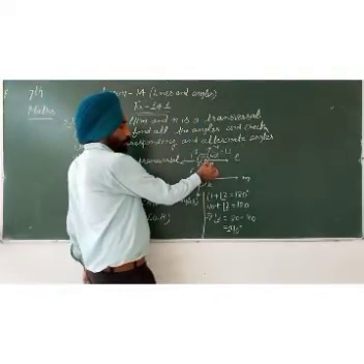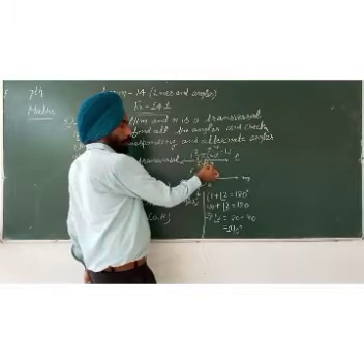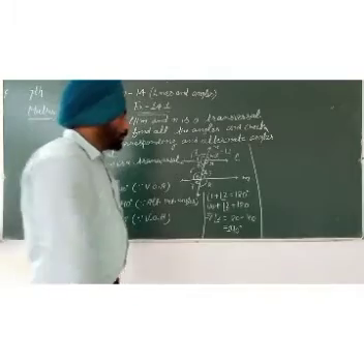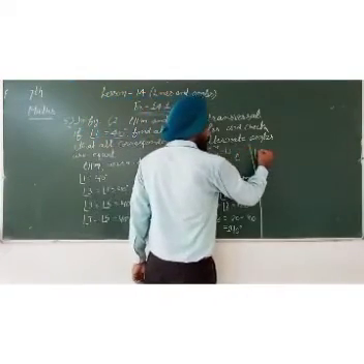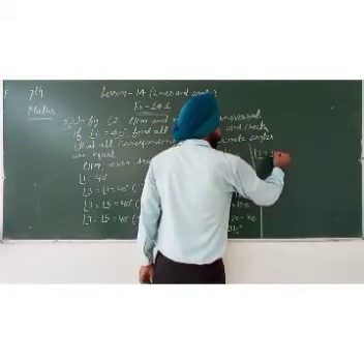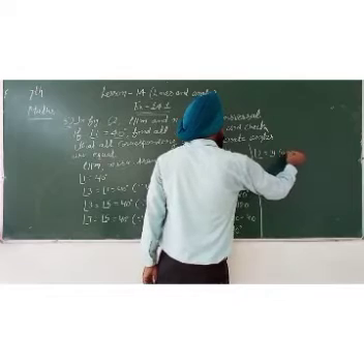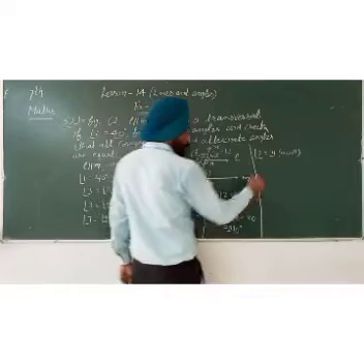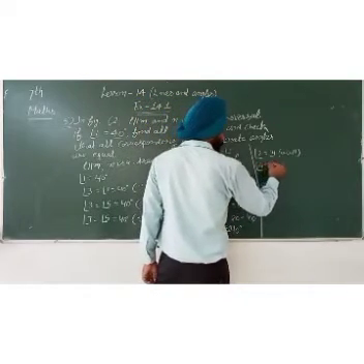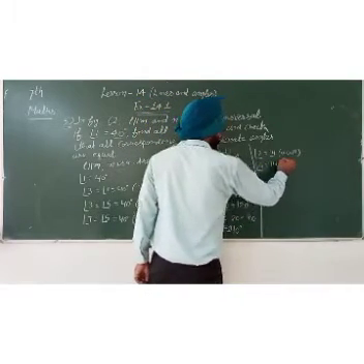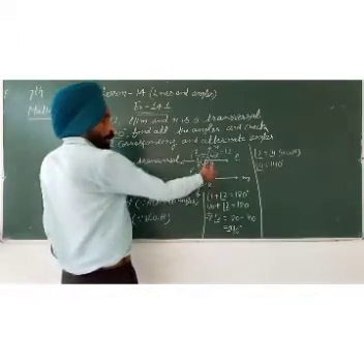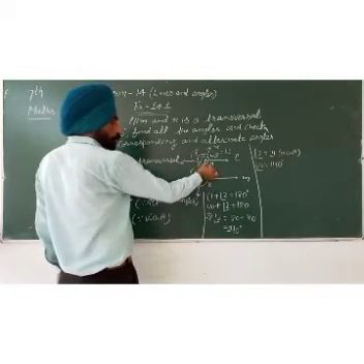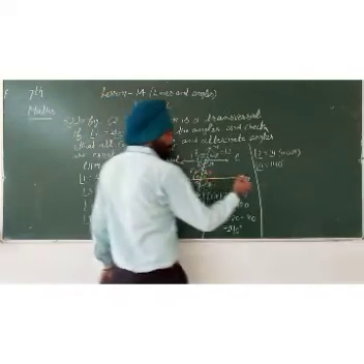And angle 4 and 2 both are vertically opposite angles. You know very well vertically opposite angles are equal. So angle 2 is equal to angle 4. And 2 is equal to 140, so angle 4 is also equal to 140. Clear beta? And 4 and 6 are alternate interior angles.